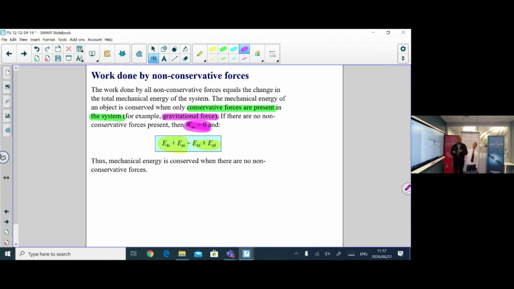If it's a loop, it will just move around, starting at a point, moving around, and ending up at the same point where it started. And then work is equal to 0. Remember, the definition of work is the product of the force. In other words, it covered nothing. Okay, that's it: mechanical energy is conserved when there are no non-conservative forces.